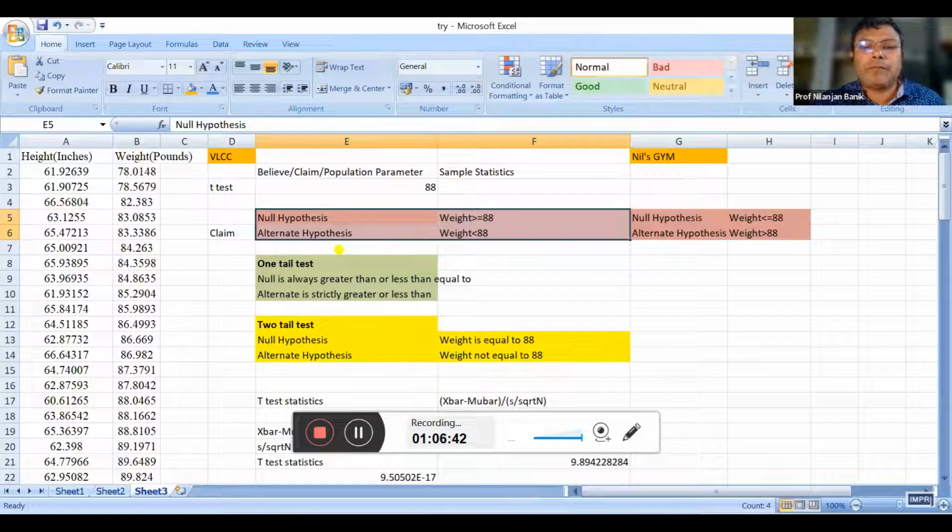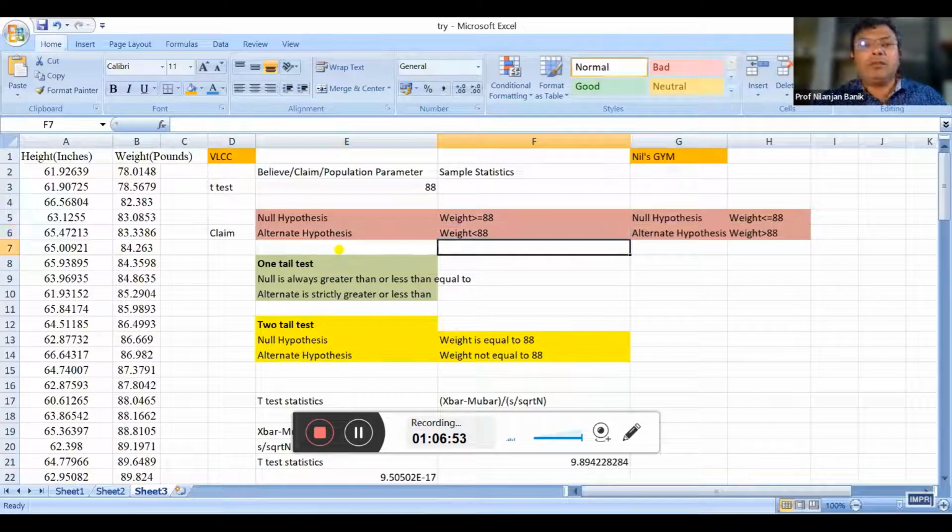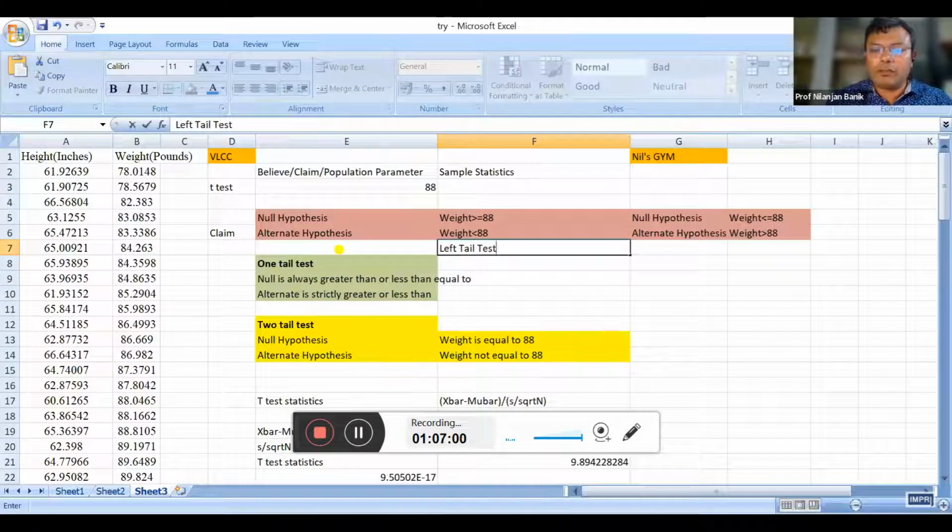So if you remember, when we are drawing that bell-shaped curve, you have the right tail test, you have the left tail test. So this is, again, let me write, this is my left tail test. So the critical region will be on the left, okay?